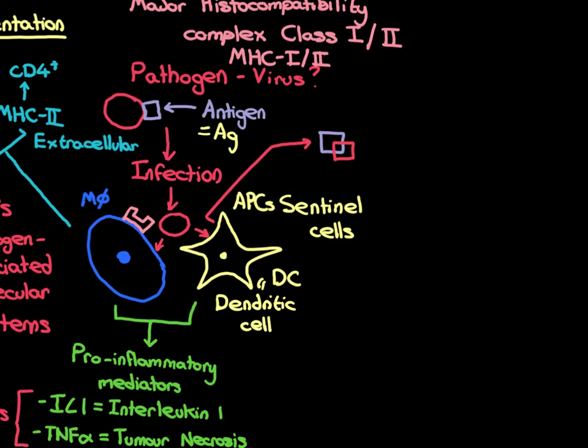Okay, so what's now going to happen then? This antigen, or these antigen molecules, because in reality you've got loads of pathogens, loads of phagocytes, so lots of release of these antigen molecules. These antigen molecules are now going to drain in the lymphatic vessels to the draining lymph nodes. So this is now going to go to the lymph nodes.